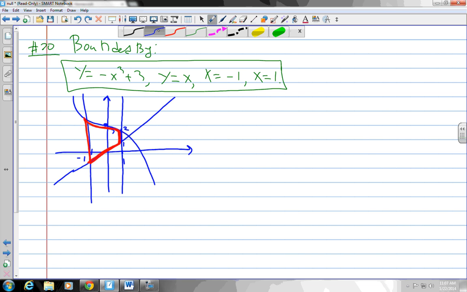So all I need to do is the cubic minus the linear from -1 to 1, right? I'm not going to be solving anything. I'm just doing the integral from -1 to 1 of -x cubed plus 3 minus x dx.